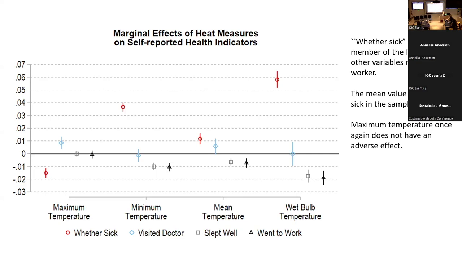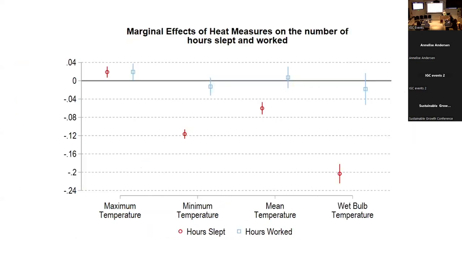Visiting a doctor doesn't seem to have much of an effect in any of these measures except maximum temperature. You can see that if the minimum temperature and wet bulb temperature are higher, then they're less likely to report that they slept well, and they're more likely to report that they did not go to work, which I had mentioned earlier.